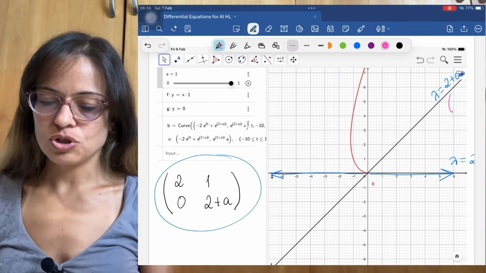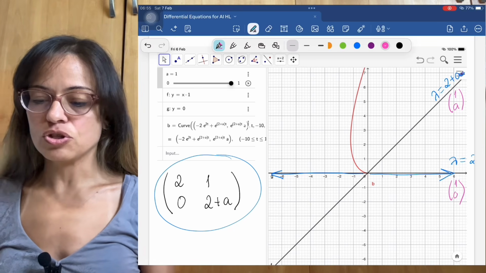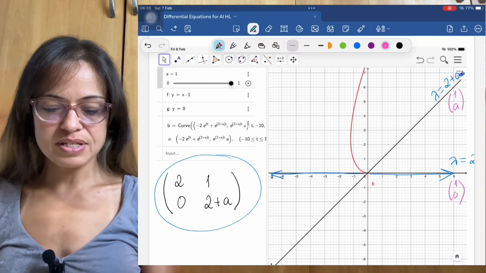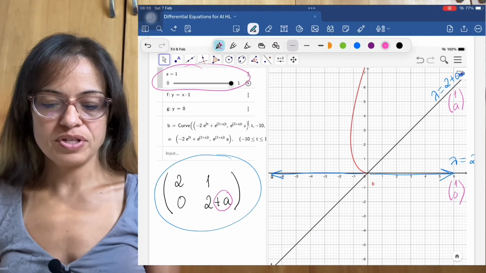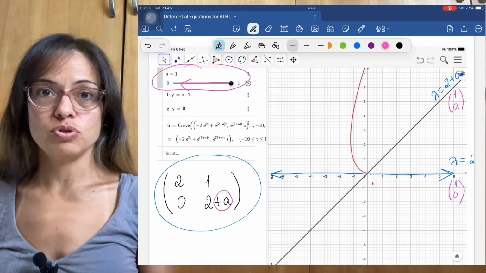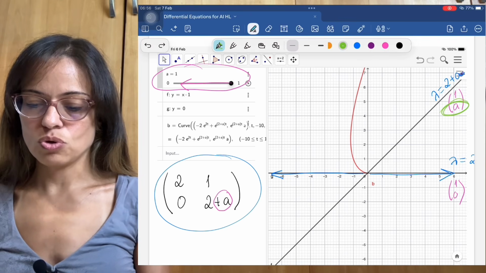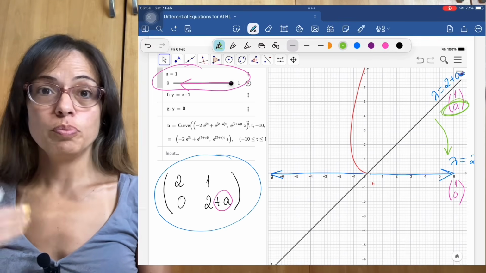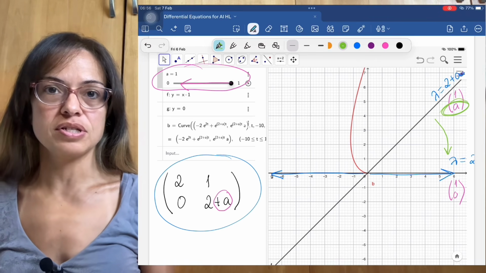The eigenvector is (1, a), and the other one was just (1, 0), the horizontal vector. But as we make this a get closer and closer to 0, which is what I plan to do with the slider here, then this a is also going to go to 0. So the two eigenvectors will become the same. That's why we didn't have two different eigenvectors in that case.